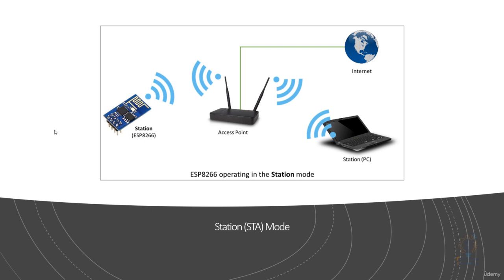With this IP address, it can set up a web server and deliver web pages to all connected devices under the existing Wi-Fi network. So as you can see here, we have an access point, and the ESP will connect to that access point so that it can have access to the internet.